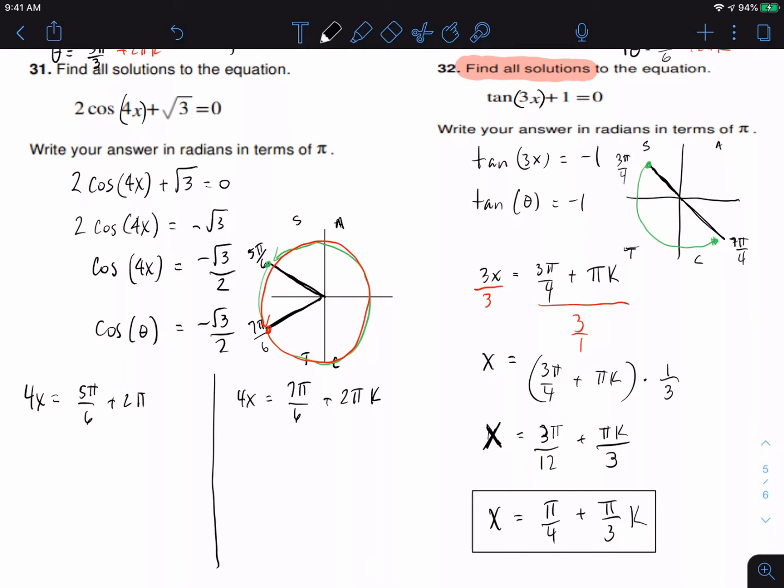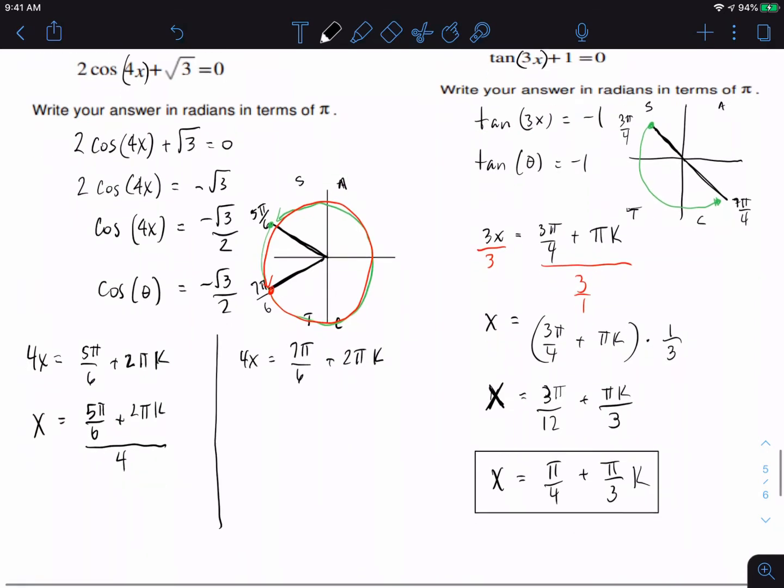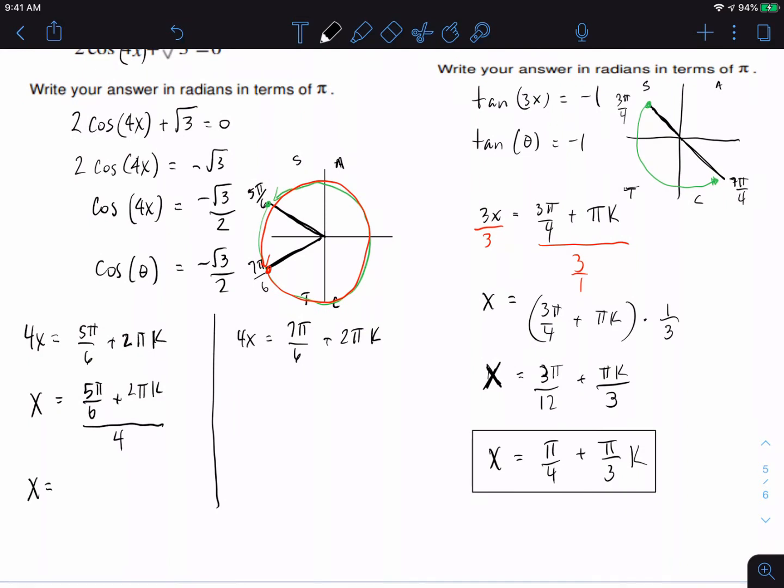And then let's not forget the k. Are we okay with that? Okay. So then dividing by the 4, I'm going to get x is equal to 5 pi over 6 plus 2 pi k, that divided by 4 is going to give me x is equal to 5 pi over 24 plus pi k over 2.